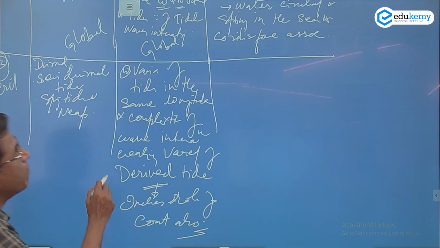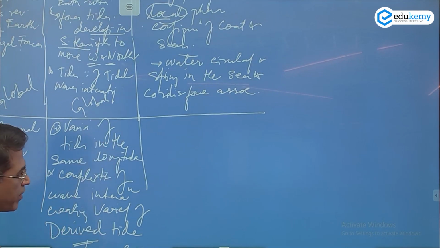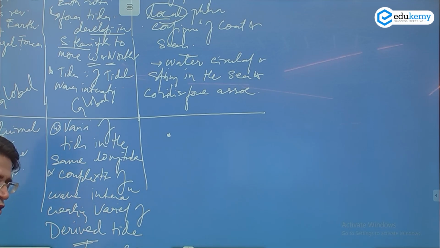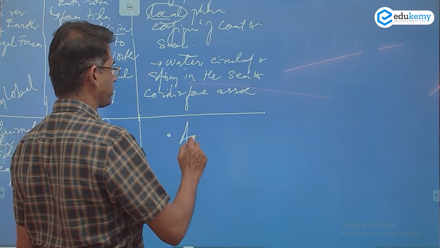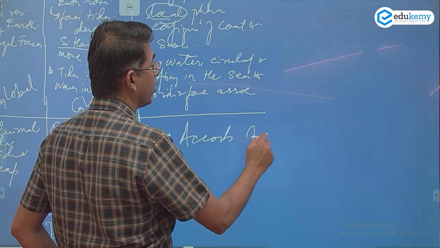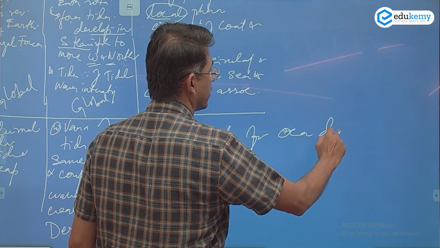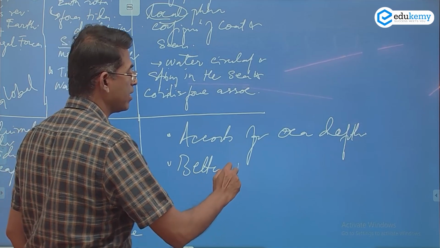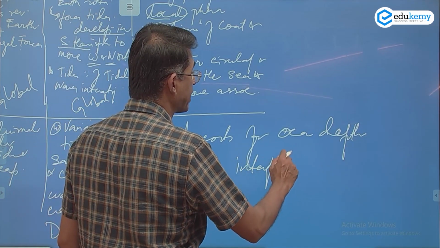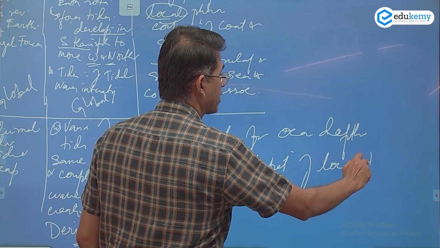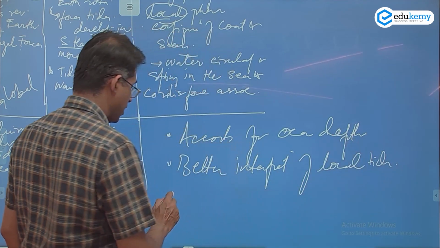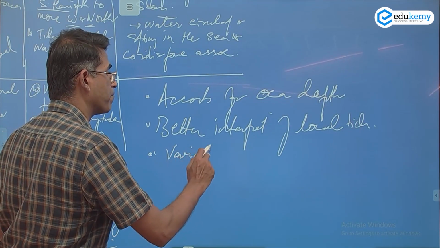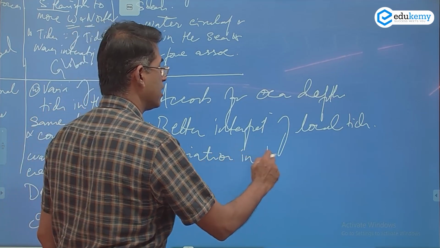Now come to the merit of this one, the stationary wave theory. The merit here is that it sees tides as an entirely local phenomenon. It accounts for the ocean depth. It is a better interpretation of the local tides. It can explain the variations in the tides better.